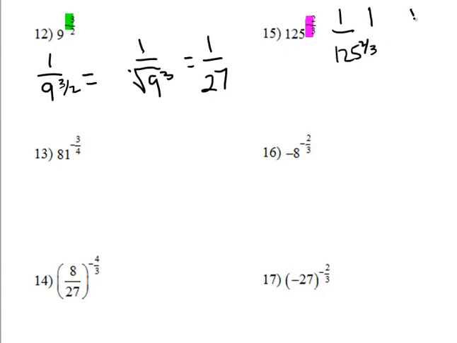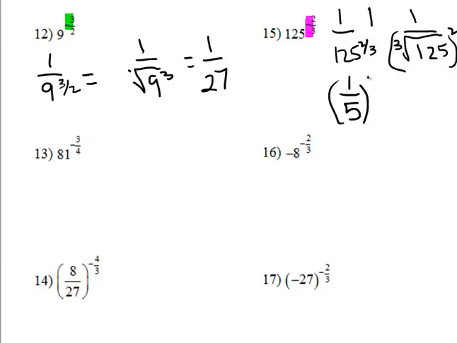And that's the same as 1 over the cube root, because the index is the denominator, of 125 squared. Please don't forget to keep your fractions going. Sorry, the cube root of 125 is 5. I was so busy worried about the fractions. 5, and then I'm going to square that. And 1/5 times 1/5 is 1/25.